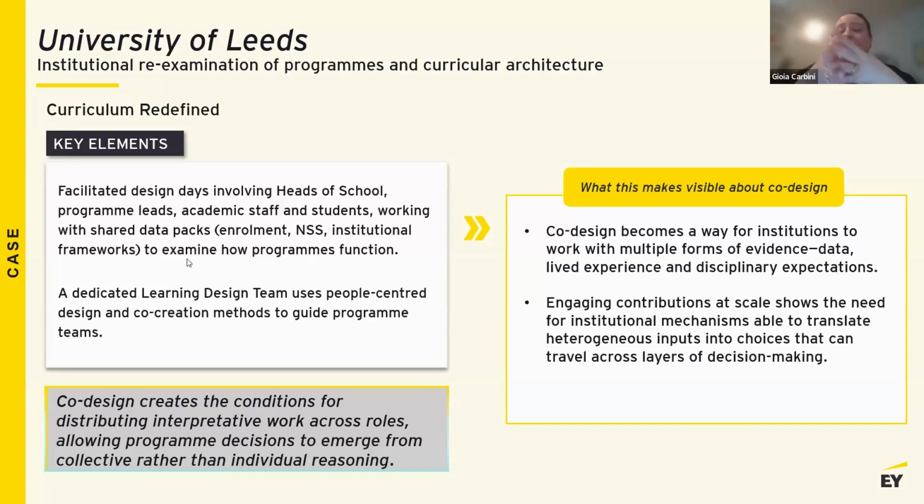And at the same time, they created what is called the learning design team. That was an institutionalization of the process, clearly, and they were charged with leading these moments through methodology. So from this perspective, what they did was to truly create and try to institutionalize co-design.